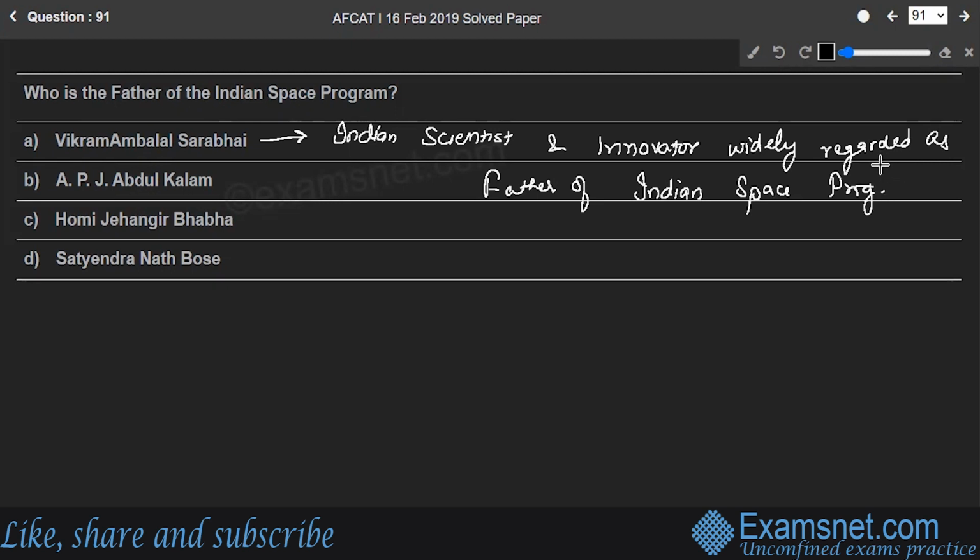Sarabhai received the Shanti Swaroop Bhatnagar Medal in 1962.